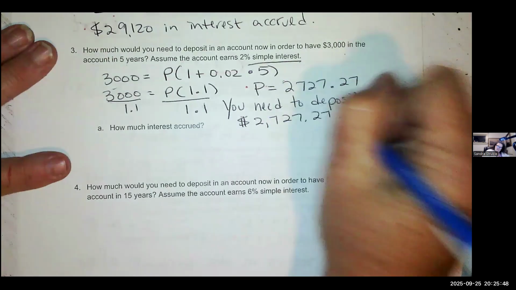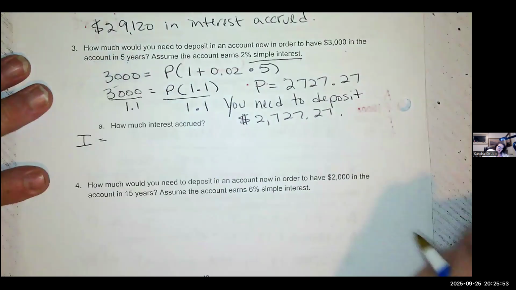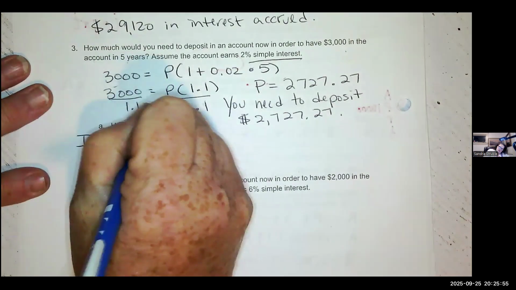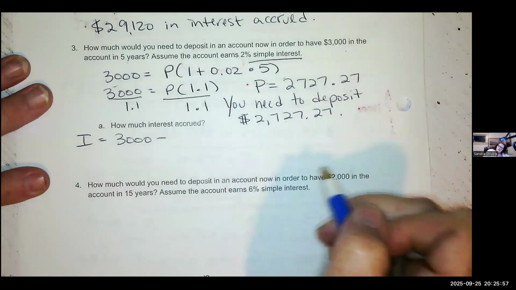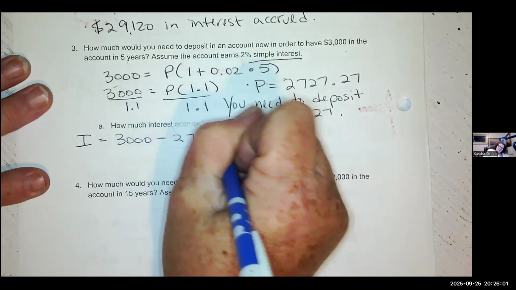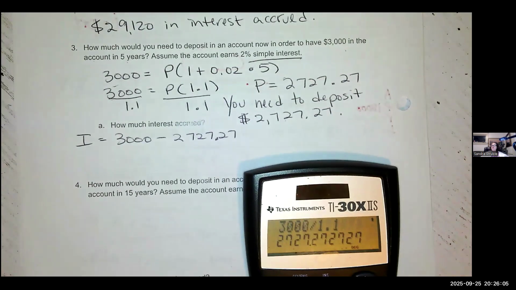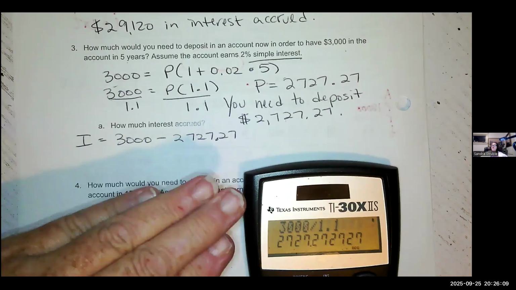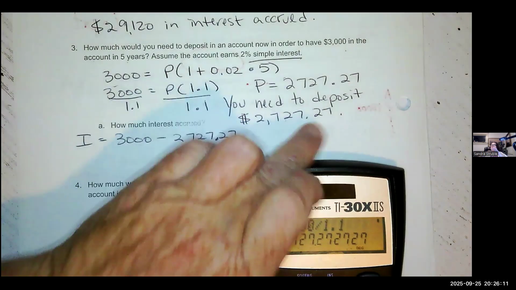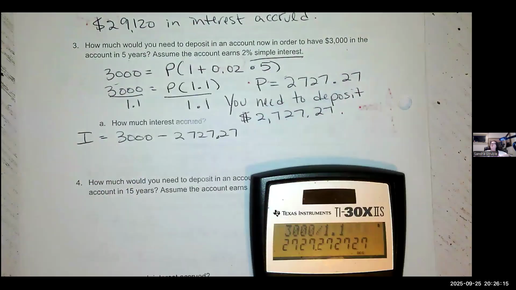$2,727.27. Okay. Interest accrued. The ending amount is 3,000 minus the beginning amount, which is the amount invested, $2,727.27. Please do not just leave the number in your calculator and subtract. It will be wrong. You have to round to write your sentence. You do not round ever, ever, ever until you get to write your sentence. That's when you round.